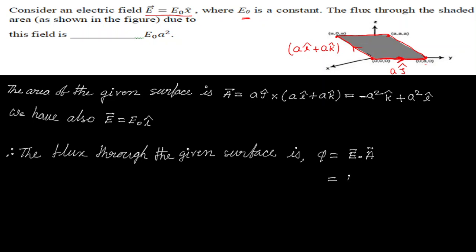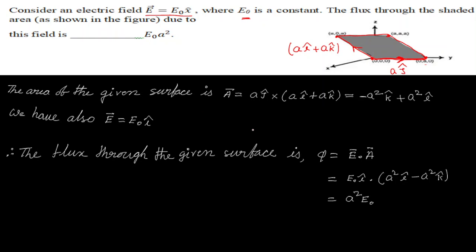So the electric field is E naught i cap dot the area vector, which we can write as A square i cap minus A square k cap. When you take the dot product, we get simply A square into E naught. That will be the total flux through this surface.